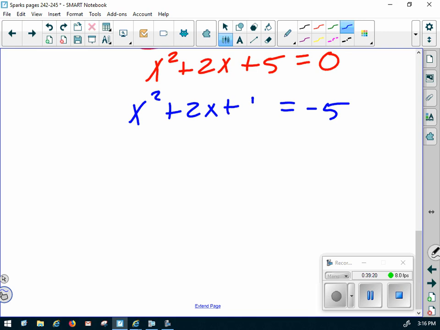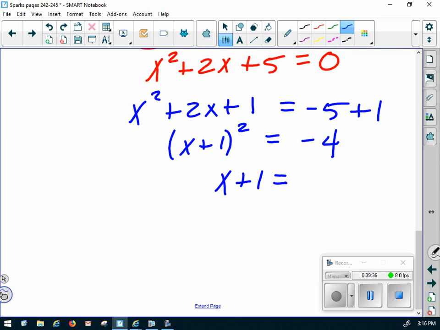Half it and square it. But if you add 1 to one side, square root. What? Plus or minus 2i.